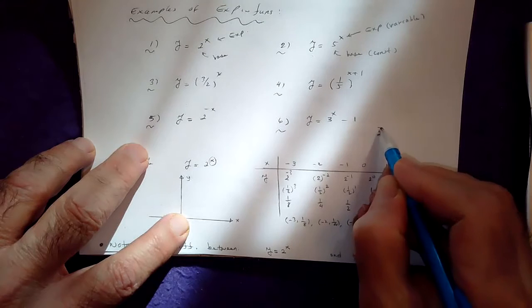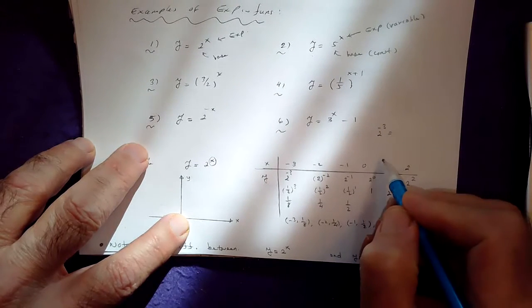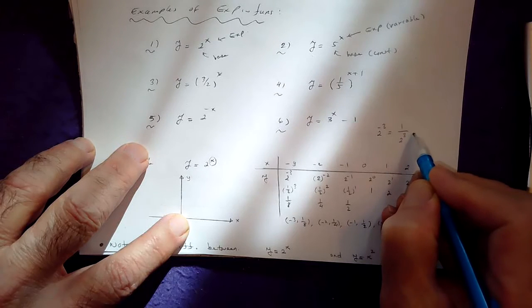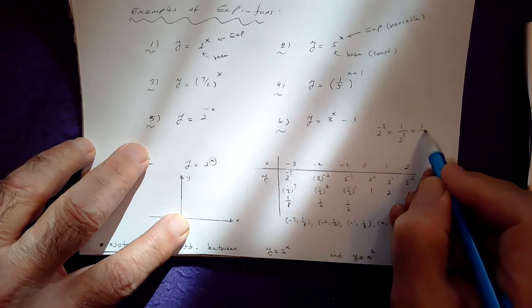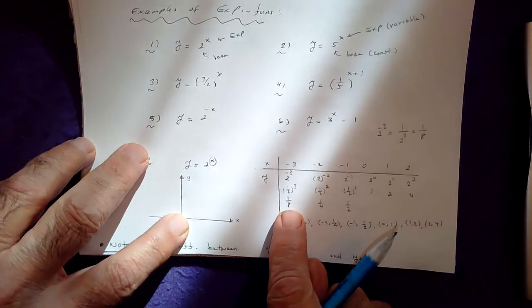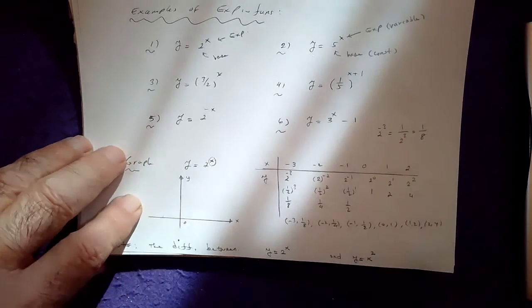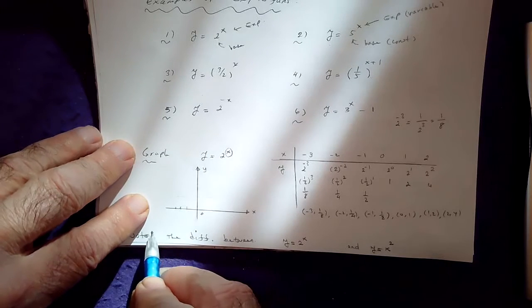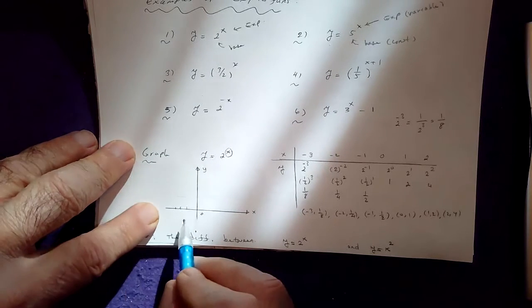Incidentally, 2 to the power of -3 is the same as 1 over 2 to the power of 3, which is 1 over 8. That's how we got this. Do you see it?